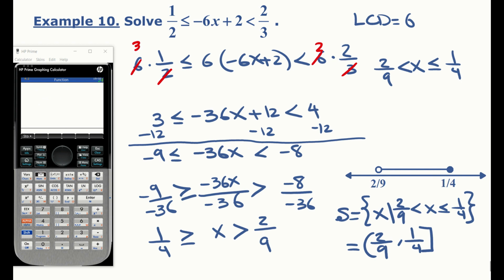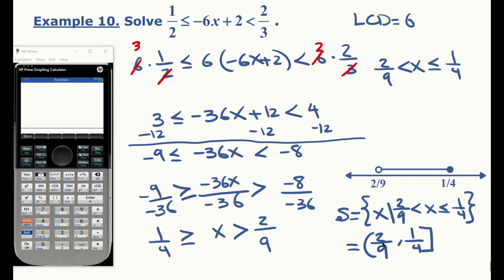All right, my system had already erased that, so I'm going to show you how to check this one actually using a calculator very quickly. So what we're going to do is plug in an x value between 2/9 and 1/4 into this inequality and make sure that it becomes true, right?